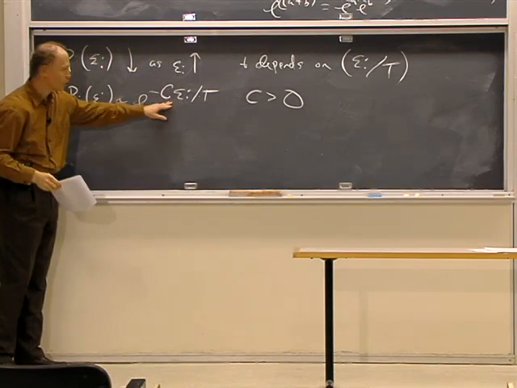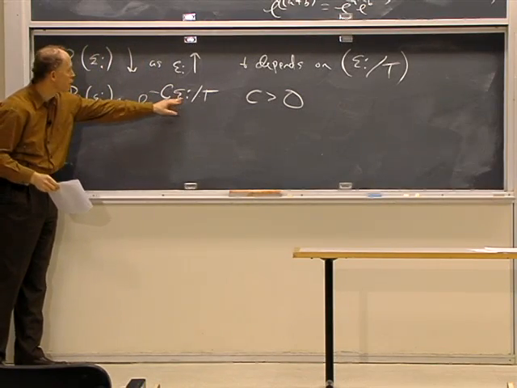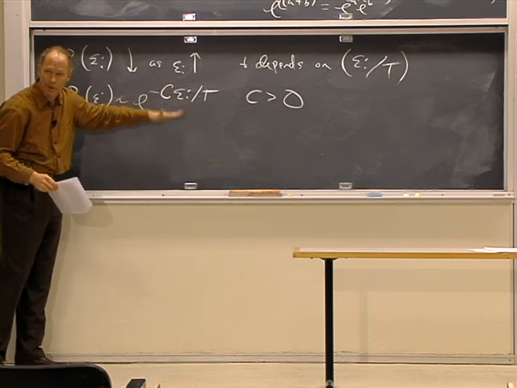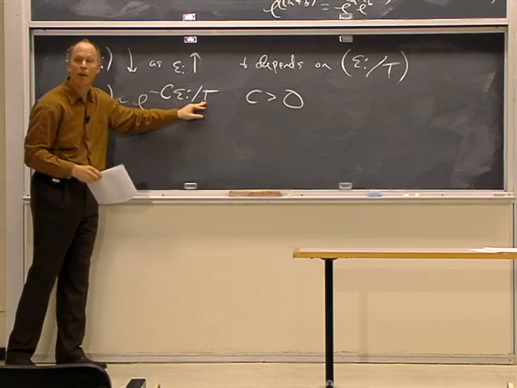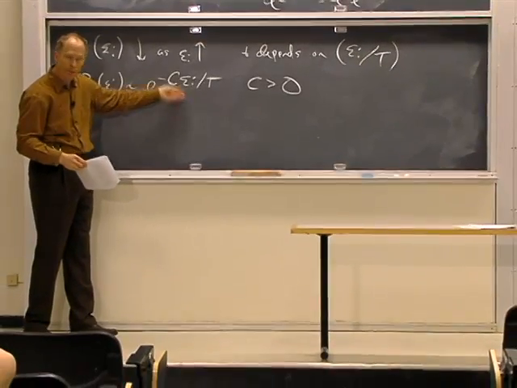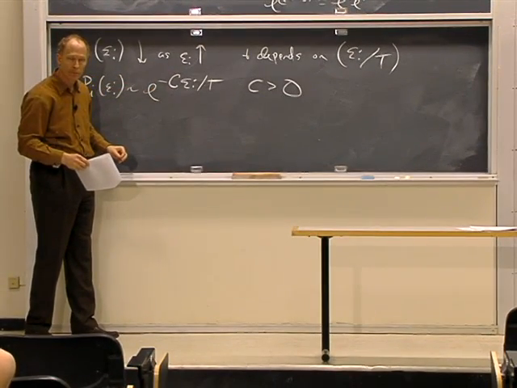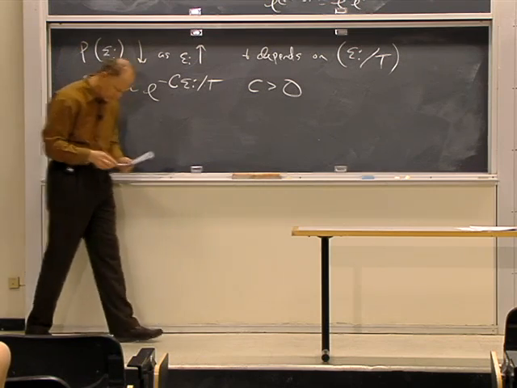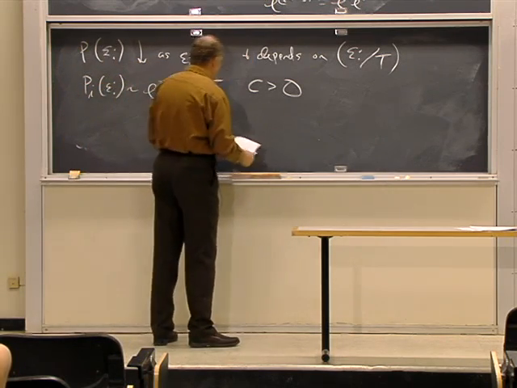So this will have the property then that as energy goes up, the probability goes down, but it's scaled by temperature. If I raise the temperature, that makes the higher energy states get more and more likely, right? Okay.